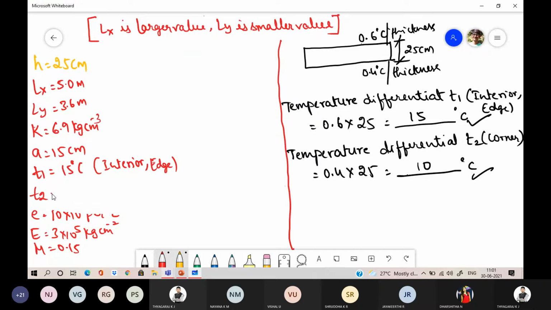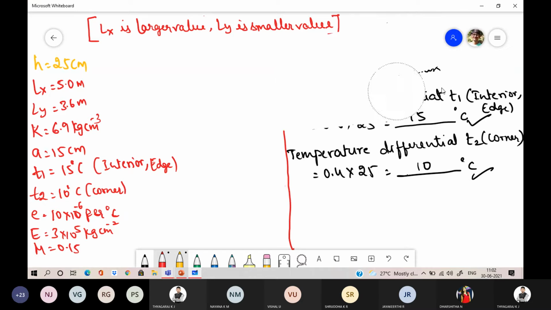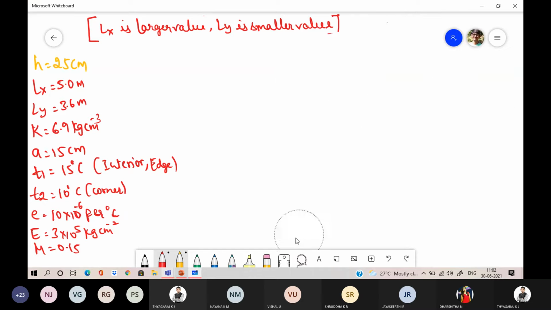Then T2 is equal to 10 degrees Celsius, which is for the corner region. Now first we have to calculate the same.